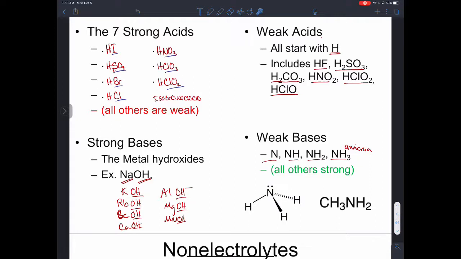And that free pair is ripe to match with a proton, a hydrogen ion. So when an acid gives up an H plus, this nitrogen is likely to take it, right? And so it can react with an acid in such a way that it'll take its hydrogens, but it'll only take some of them and it won't produce water. So it is weak, and so it will form a weak base then.